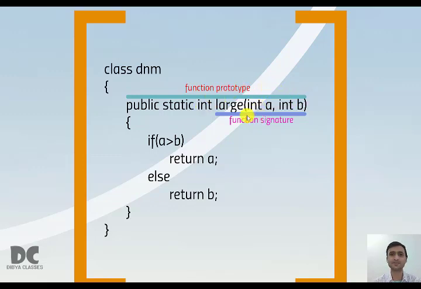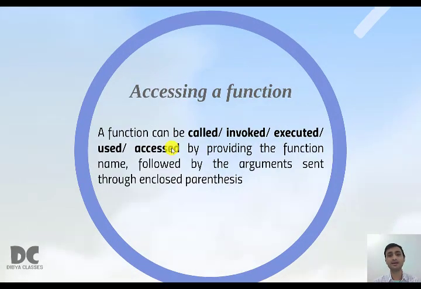Function signature tells about the function name and the parameters, and the whole function is called the function definition. The function definition also includes the body. Understood?